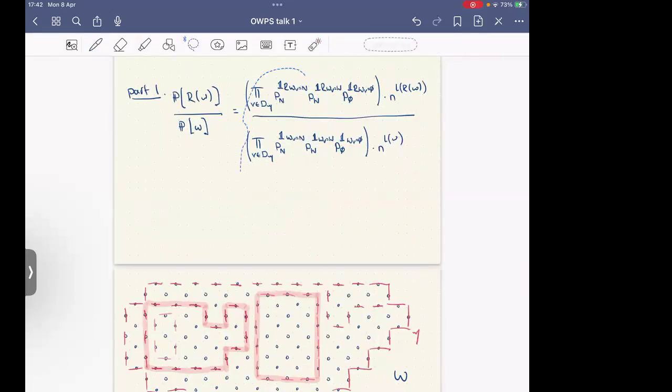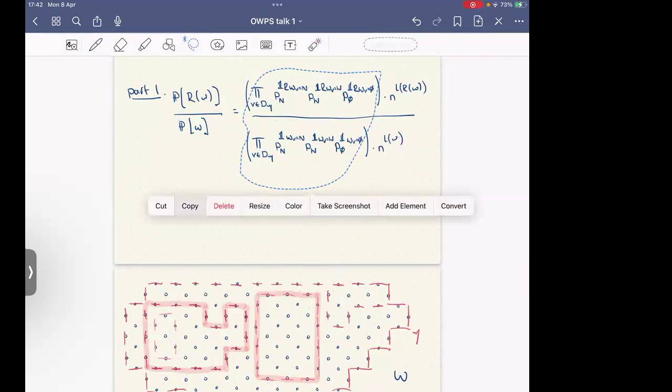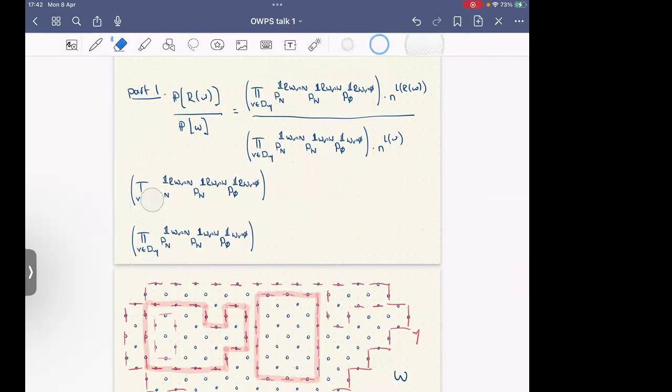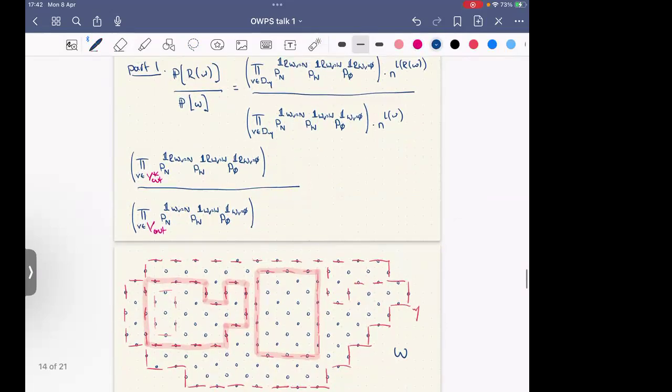So here I'm going to just copy this for speed's sake. And here I'm going to say, well, this is actually just V in V out star, and this is V in V out, and then the same thing. And then what's going on over here? Well, how many loops are there?